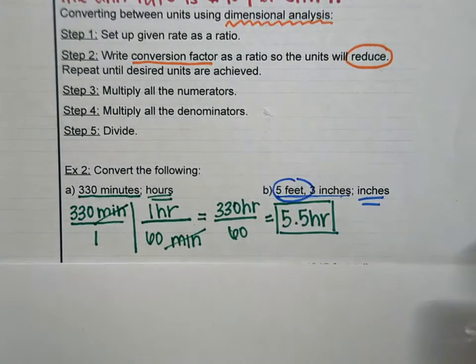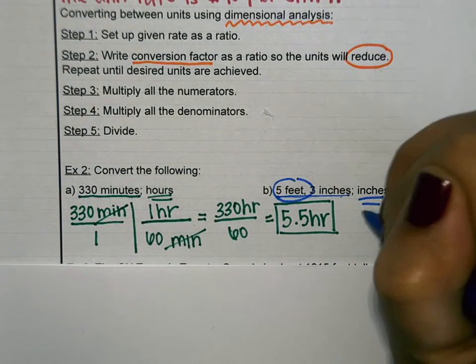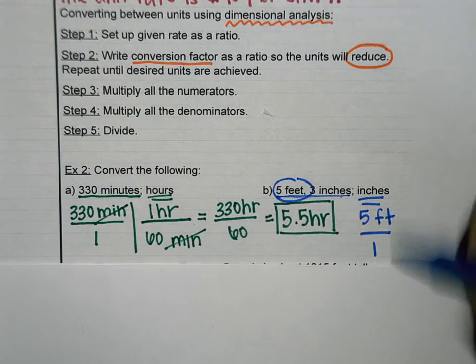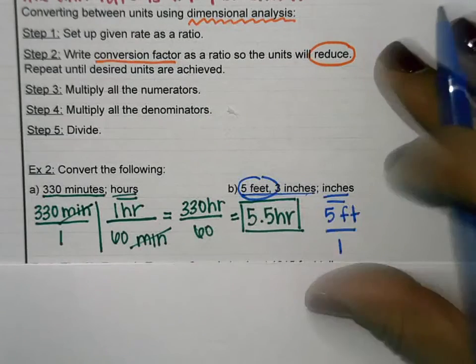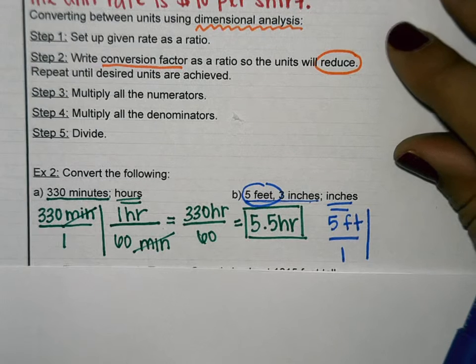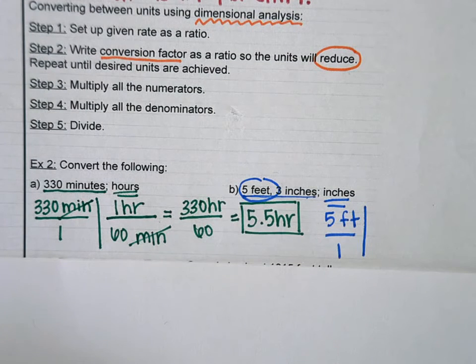So we're going to write that as a ratio first: 5 feet over 1, because we aren't given anything else. We put a vertical line, and then we're going to write the conversion factor.